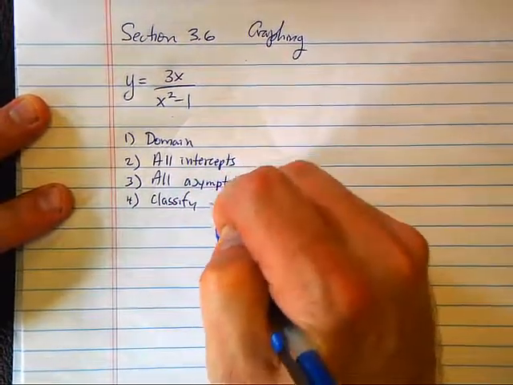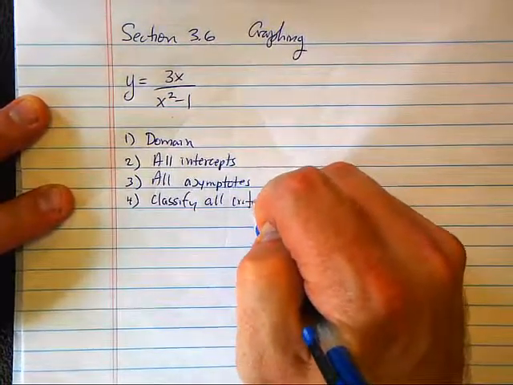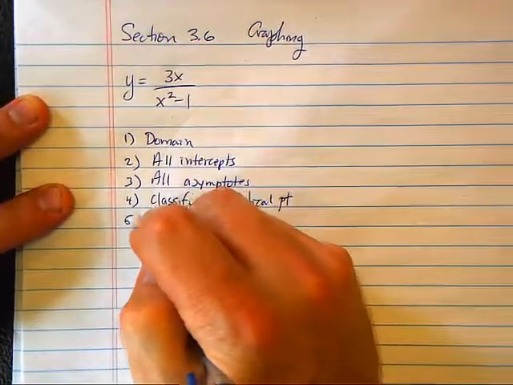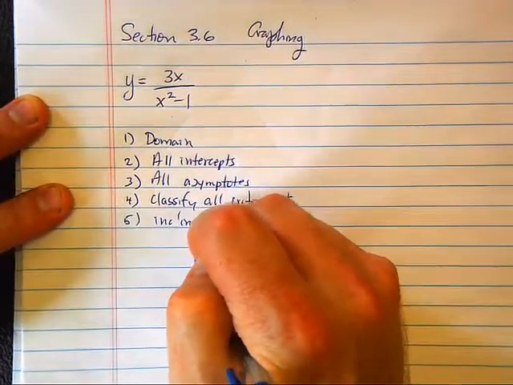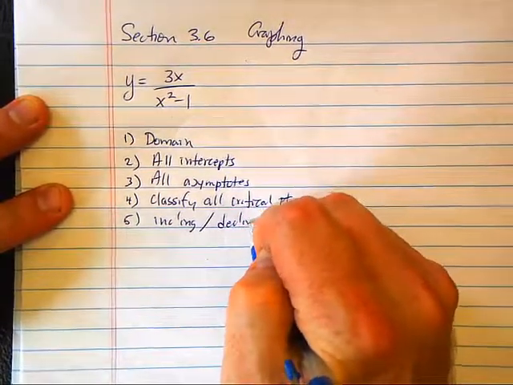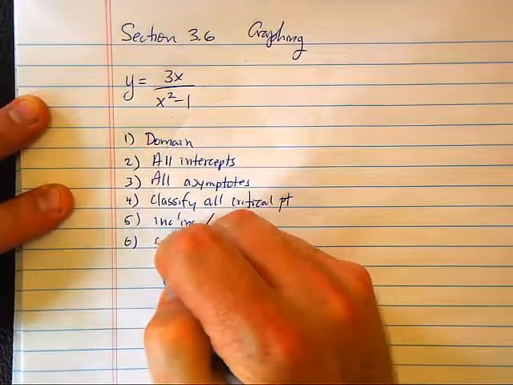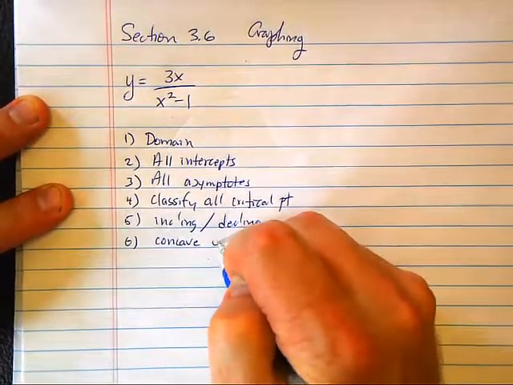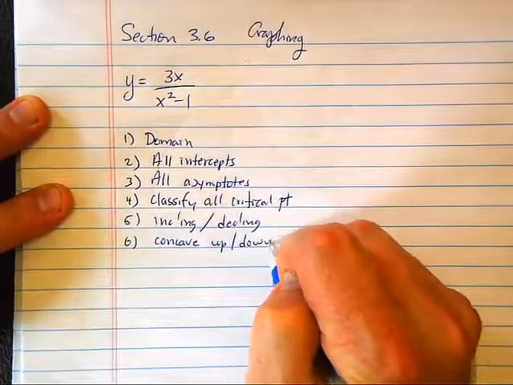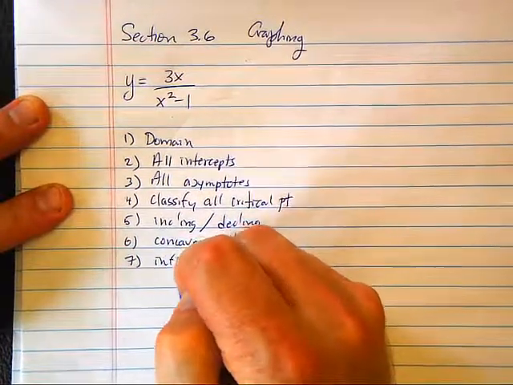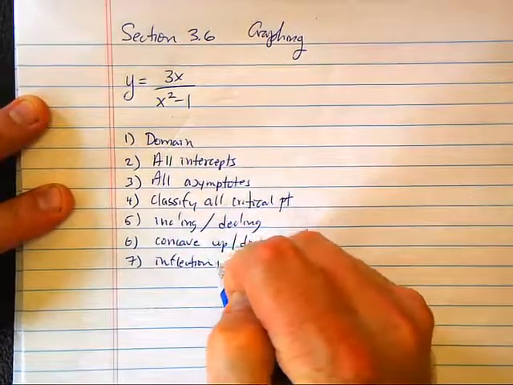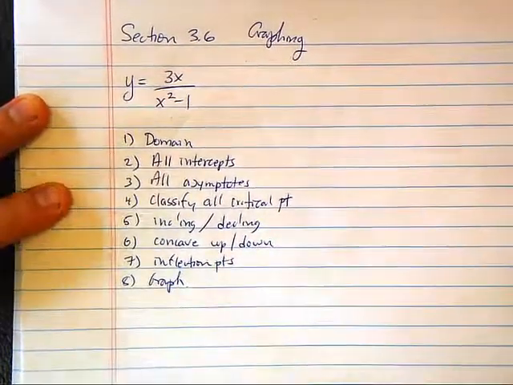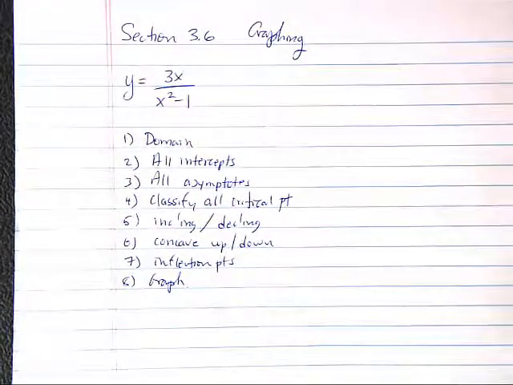Classify all critical points. Determine increasing, decreasing. Determine concave up, concave down. Find all inflection points. And once you have all that wonderful information, draw me a very accurate graph.